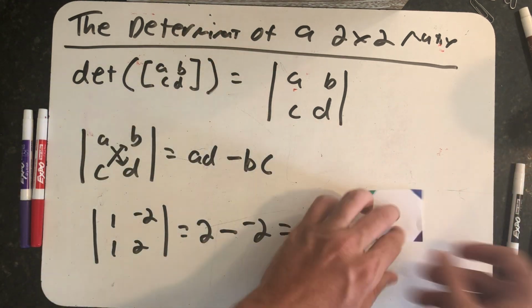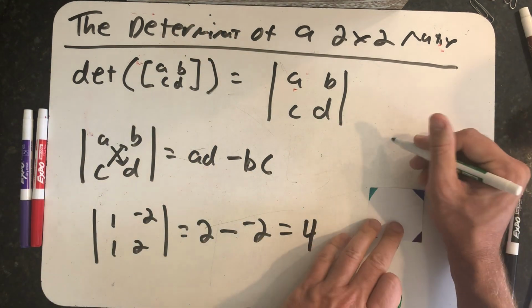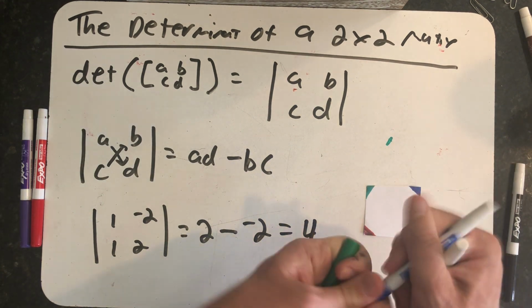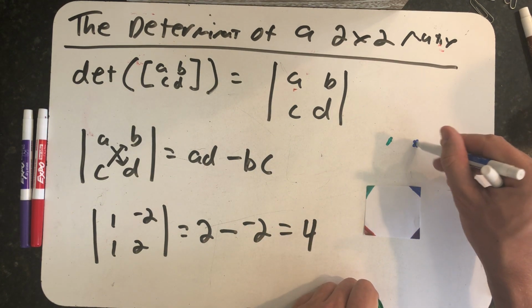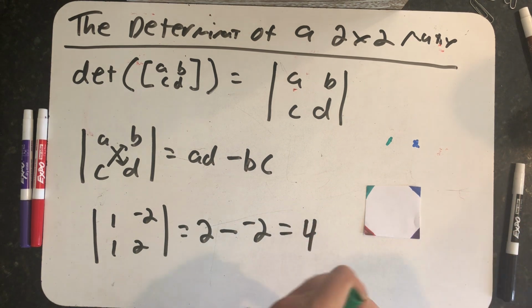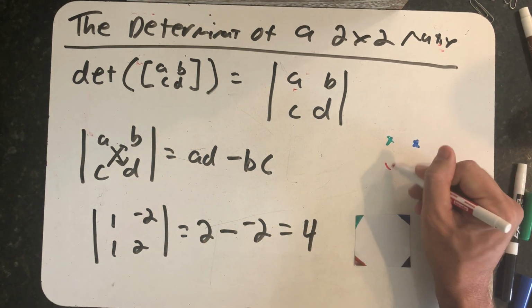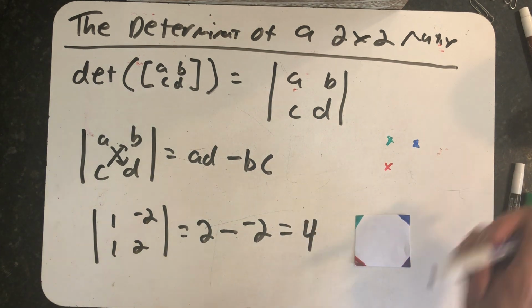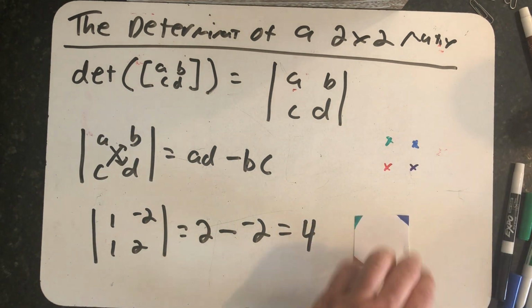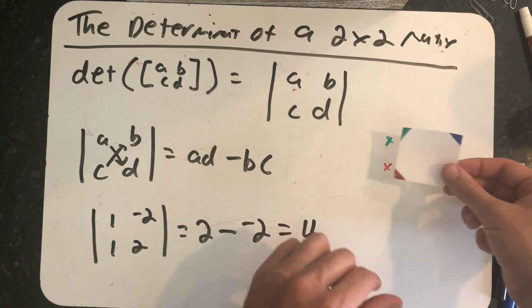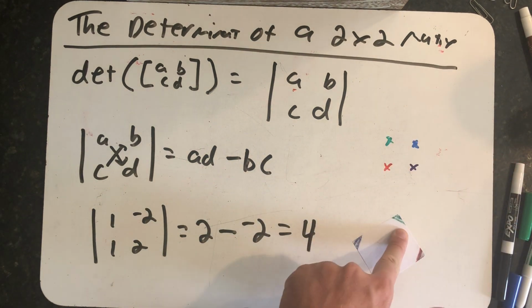So let's say I had a small square that looked like this, with a green corner, a blue corner, a red corner, and a purple corner. And then I apply a matrix that makes it bigger like this one, turns it, but also flips it over.